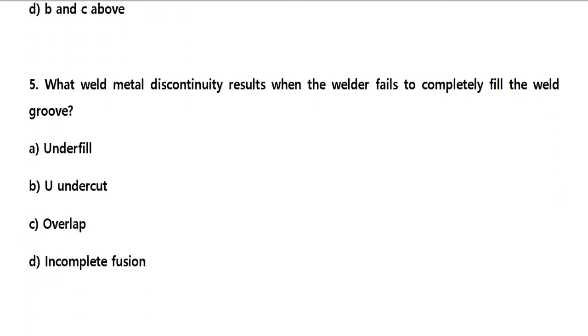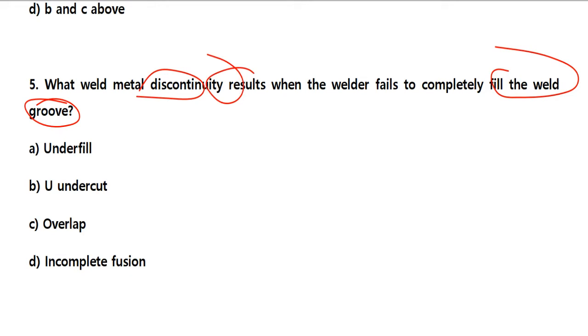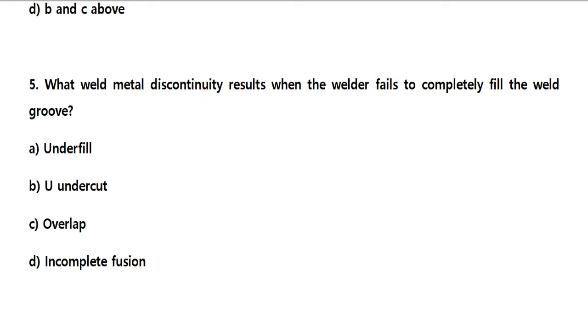Number 5, what weld metal discontinuity results when the welder fails to completely fill the weld groove? So fill the weld groove, discontinuity result. The key word is fails to completely fill.